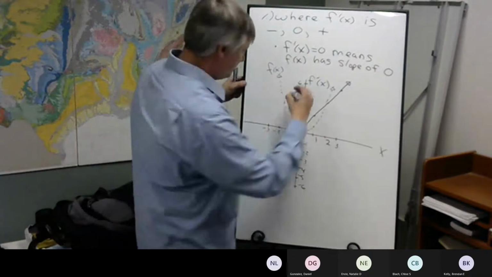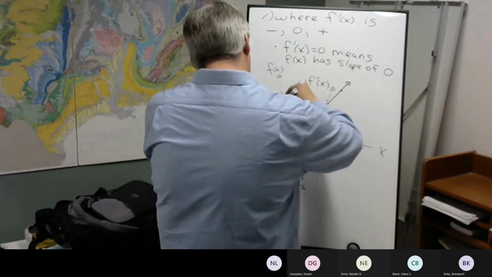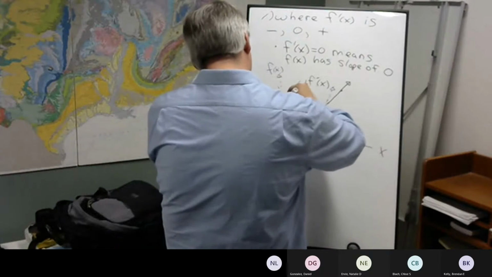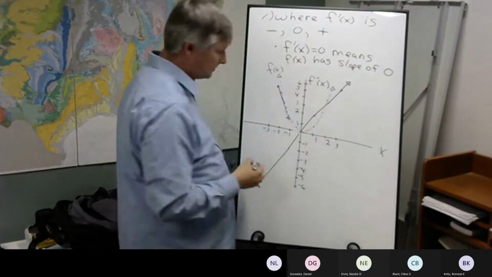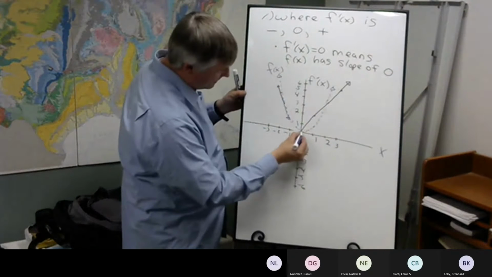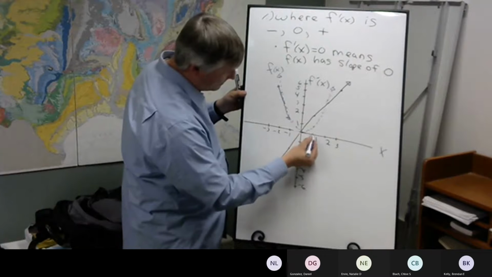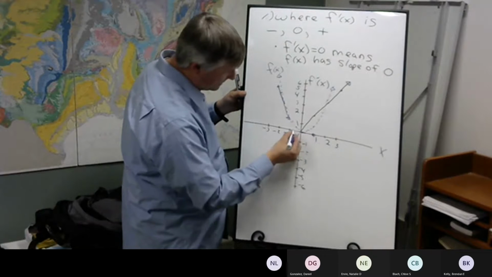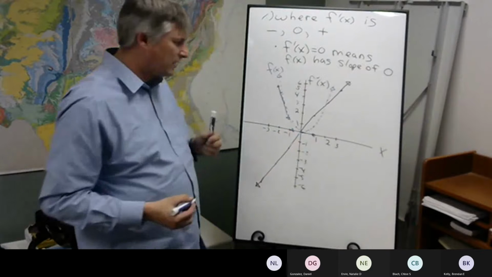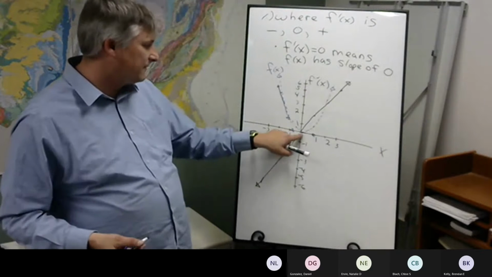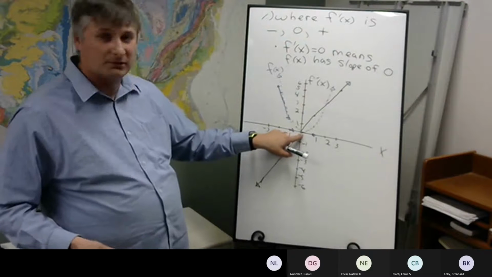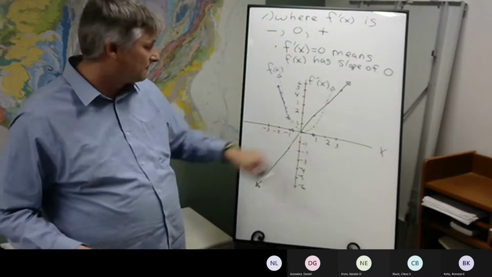So here's going to be that tangent line with a negative slope. Here's a tangent line right at x is 0, or f prime of x is 0. And on f of x, that's where we get that horizontal line with a slope of 0.